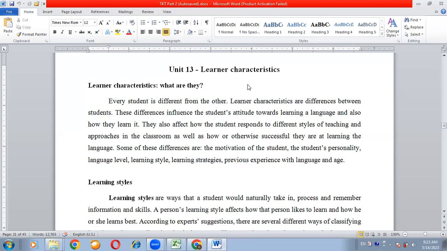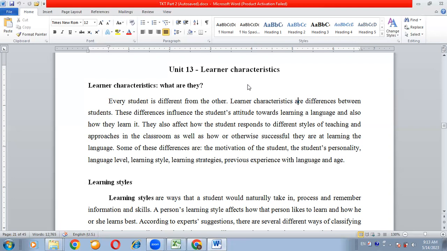Some of these differences are the student's motivation, personality, language level, learning style, learning strategies, previous experience with language, and age. Everything depends on these differences.